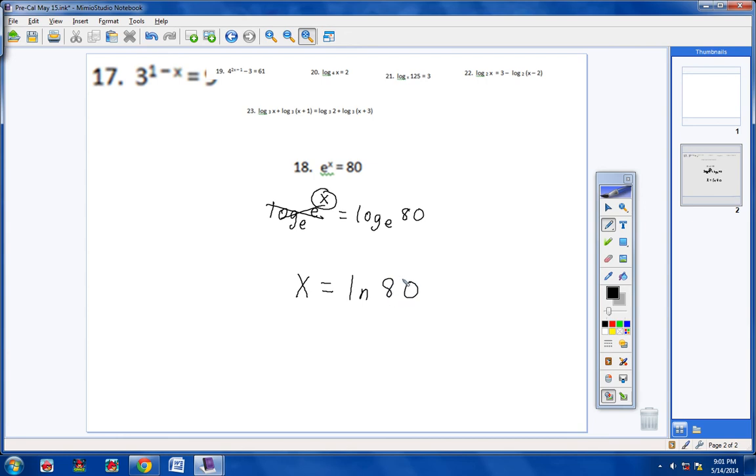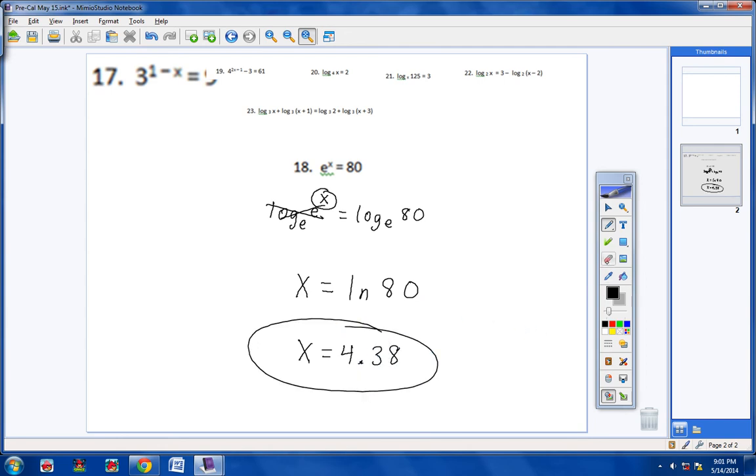So x equals the natural log of 80. So I'm going to grab my calculator, type in natural log of 80, and I'm going to get 4.382026635. I'm going to round that to 4.38, okay? So there we go. Sometimes you can write both sides with the same base, and sometimes you can't.